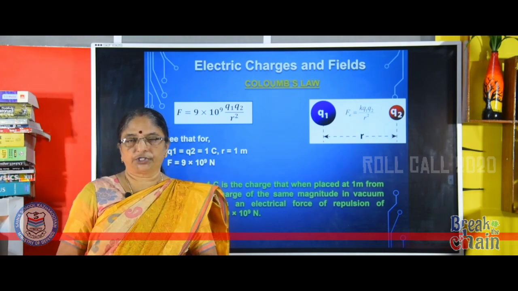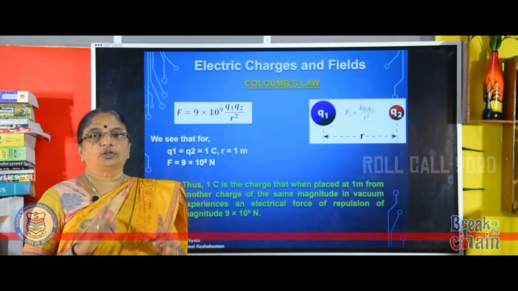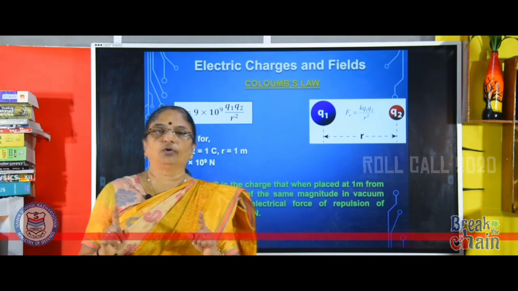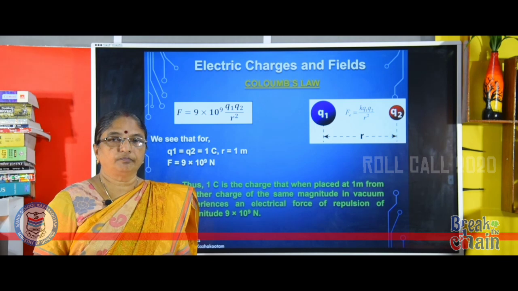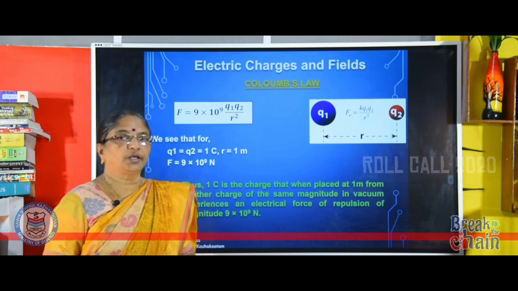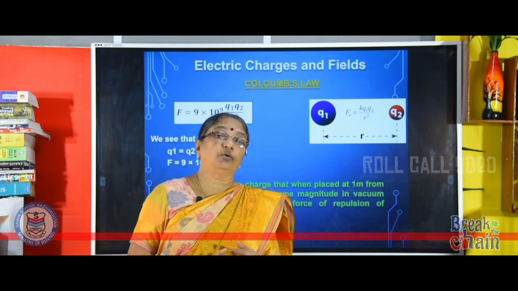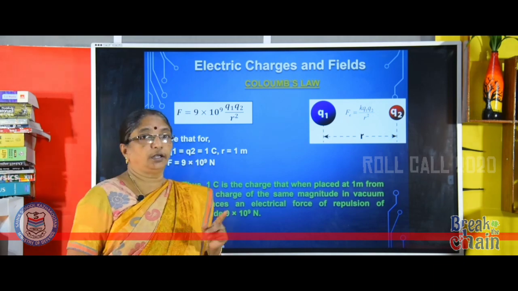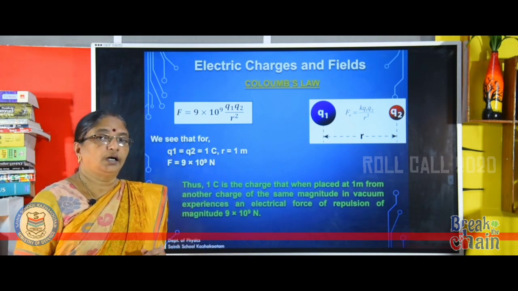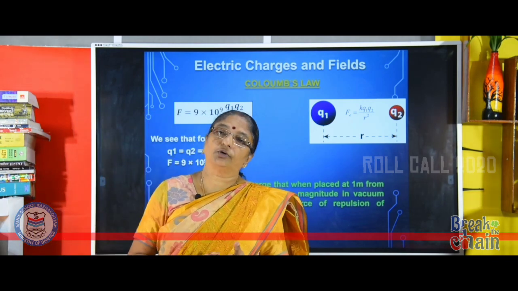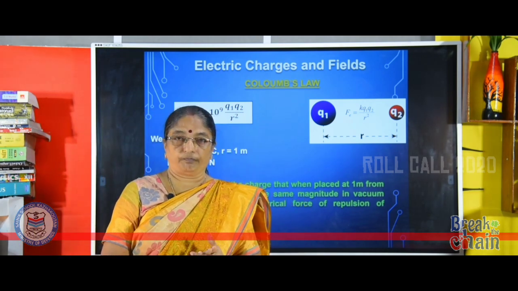From this equation, when Q1 equal to Q2 equal to 1 Coulomb and R equal to 1 meter, we get F equal to 9 into 10 raised to 9 Newton. This equation can be utilized for defining the SI unit of charge, which is Coulomb.